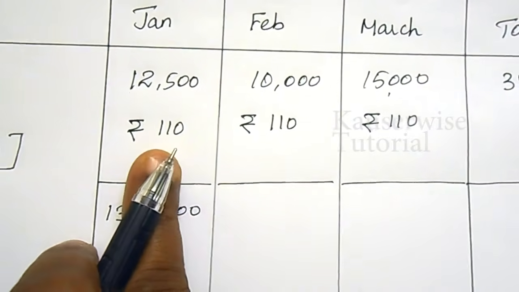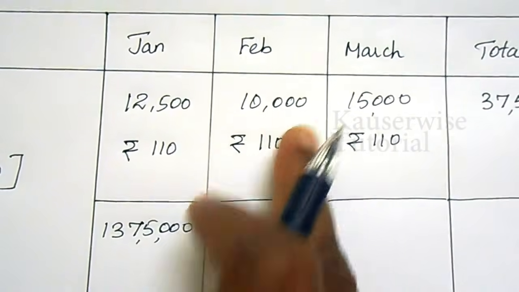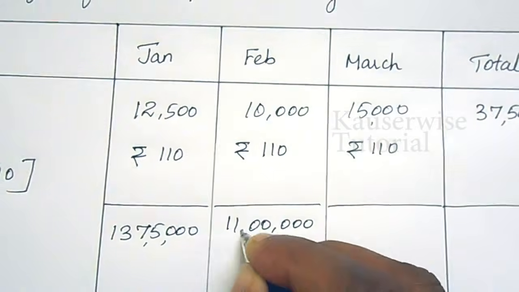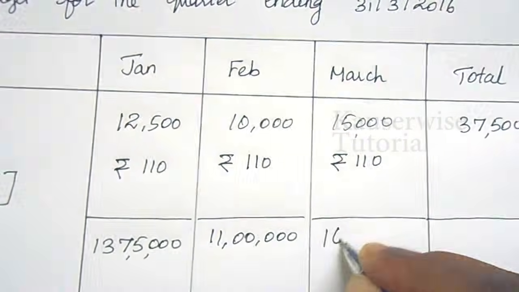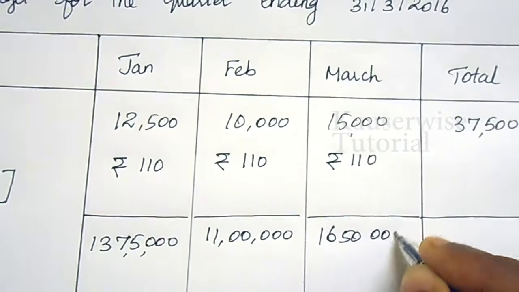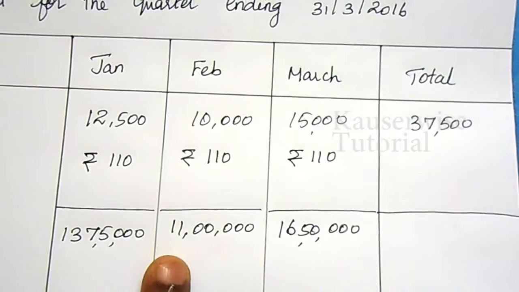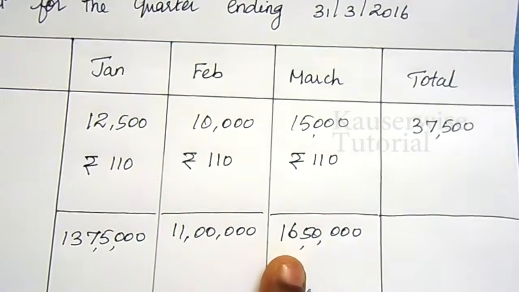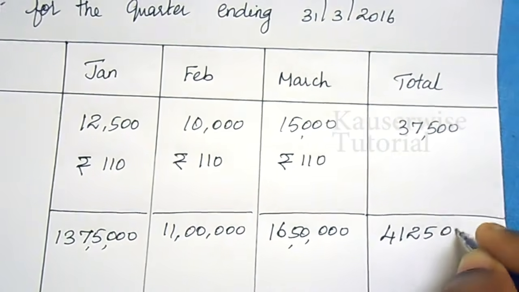So you will get the sales value. 12,500 into 110 is equal to 13,75,000. Next, 10,000 into 110 is 11 lakhs. Then 15,000 into 110 is 16,50,000. Now get the total: 13,75,000 plus 11 lakh plus 16,50,000 is equal to 41,25,000.